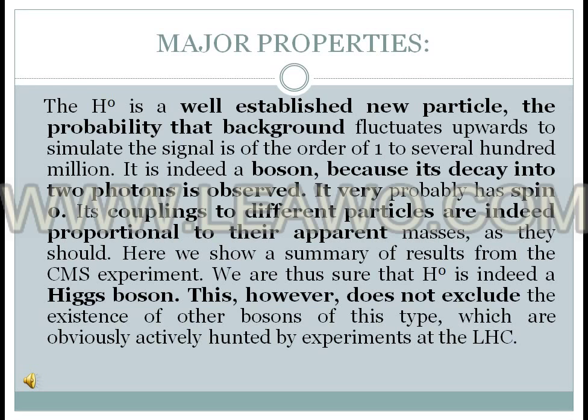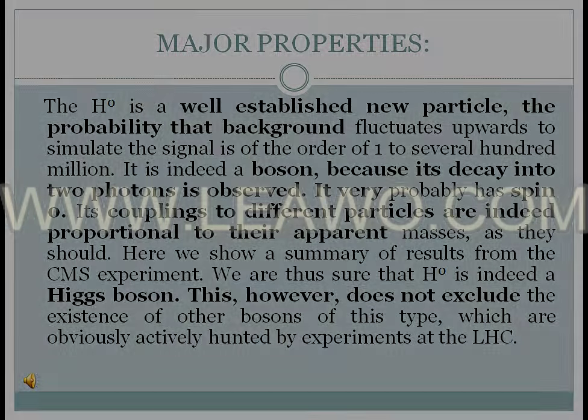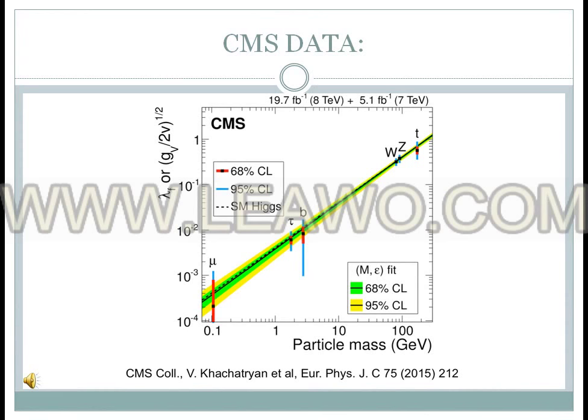Here we show a summary of results from the CMS experiment. We are thus sure that the Higgs particle is indeed a Higgs boson. This, however, does not exclude the existence of other bosons of this type, which are obviously actively hunted by the experiments at the LHC. This is the data from the CMS experiment.